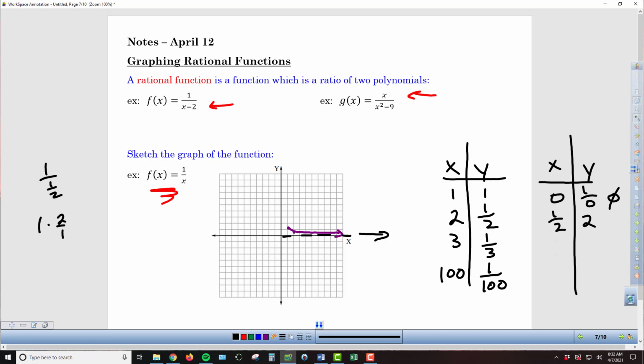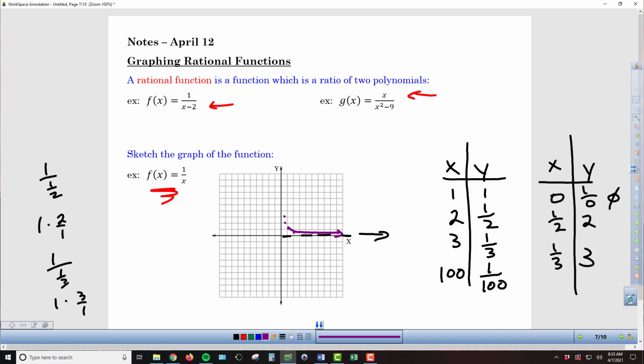Or if we plug in 1/3 for x, so plug in something a little bit smaller, I've got 1 over 1/3, and so that means I've got 1 times 3 over 1 if I rewrite it as multiplication, so I get an output of 3. Or in other words, as I get closer and closer to the y-axis, if I plug in 1/2, I've got 2. If I get a little bit closer, I get an output of 3.